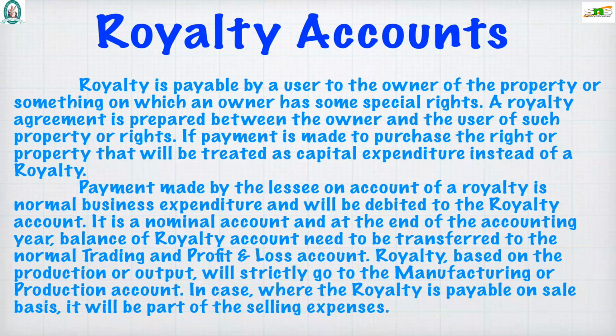When a property is leased, the user of the property has to pay the owner some prescribed, agreed amount every year for the period the property has been leased. That is said to be royalty accounts.